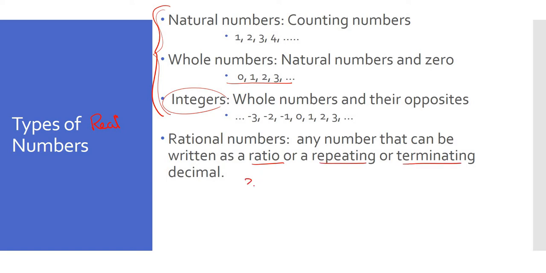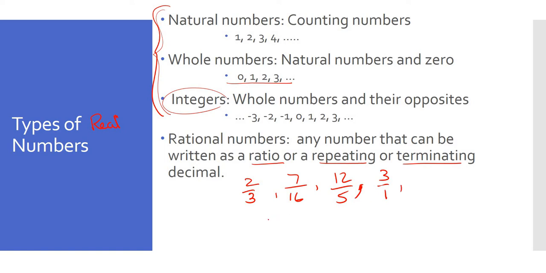So a ratio, something like 2/3, 7/16, 12/5, but also a ratio like 3/1, which is an integer and happens to also be a counting number.